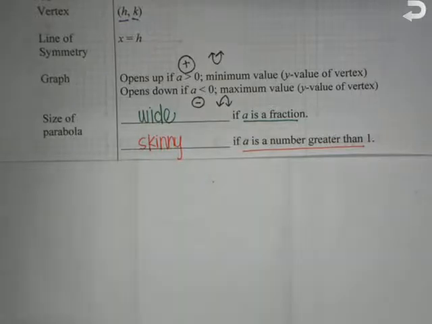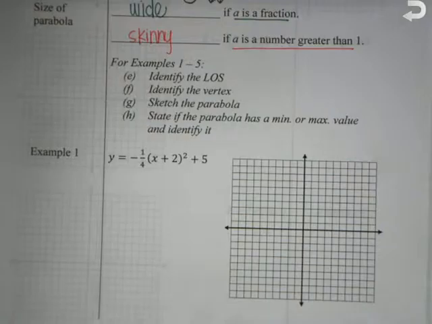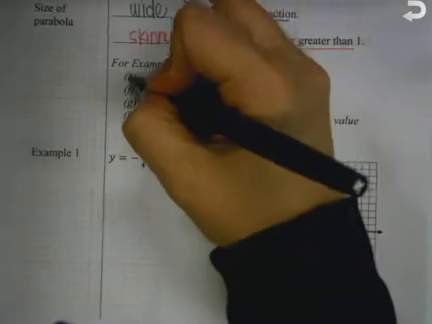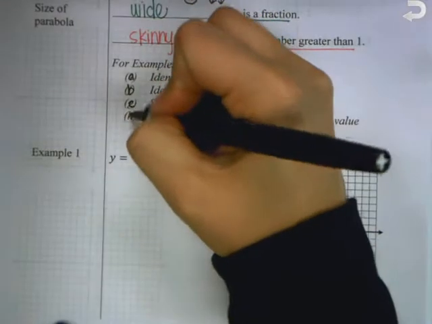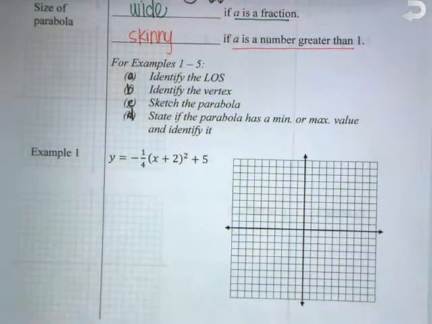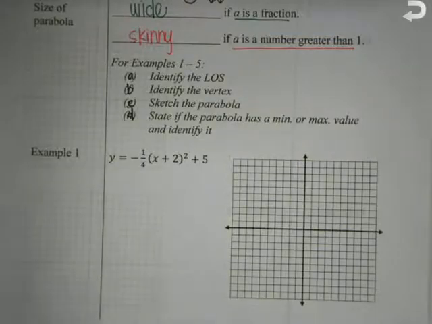So this is really nice for our examples, because now our examples are, these should be ABCs. Okay, so now doing our examples is actually going to go a lot faster. So let's identify our LOS. So for part A, identify the LOS.